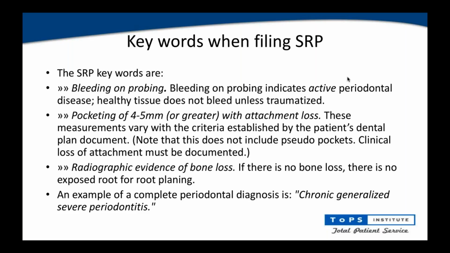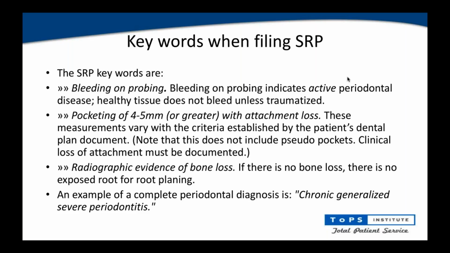And of course, making sure that you've got your radiographs that support, so your bitewings and your full series of x-rays, or that great panoramic digital panel that you might have as well. So it's important that you have your radiographs, your measurements, and your charting all done, and that you make note within box 35 of the areas that you've seen that put this patient into the need of root planing and scaling.